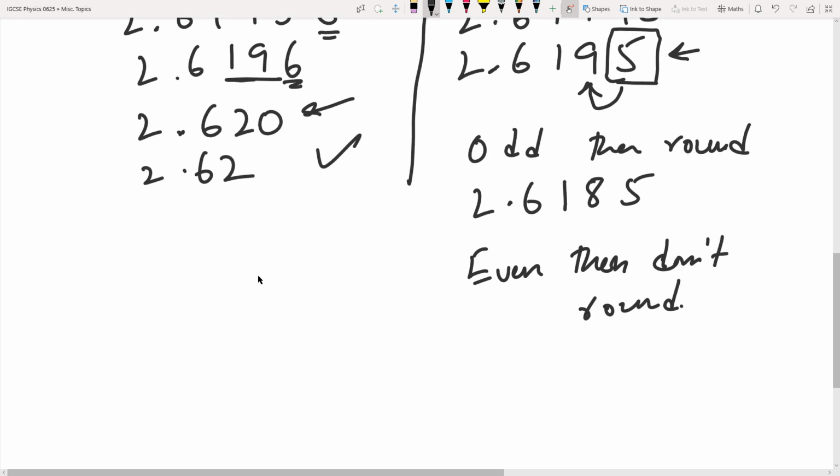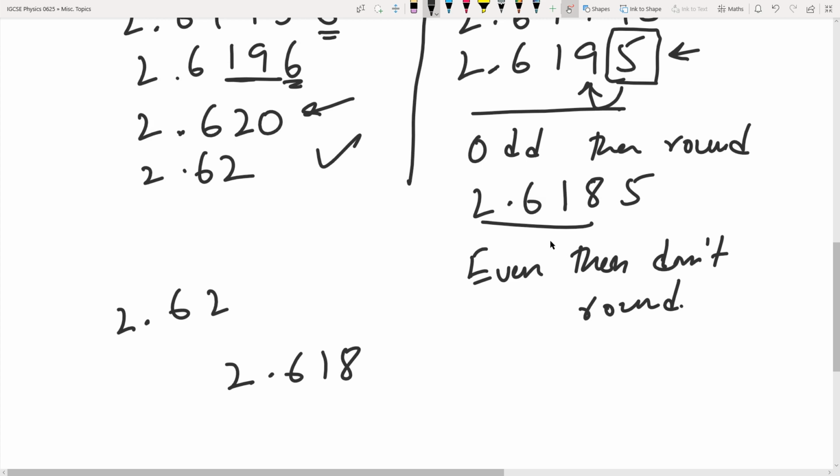So in this case, this number is going to be like 2.6. Again, this is 9, so we will round up. It would be 2.620, or we can just remove this 0 here, because that 9 is going to be rounded off again. And in this case, it is going to be 2.618. We're not going to round it up because it's even.